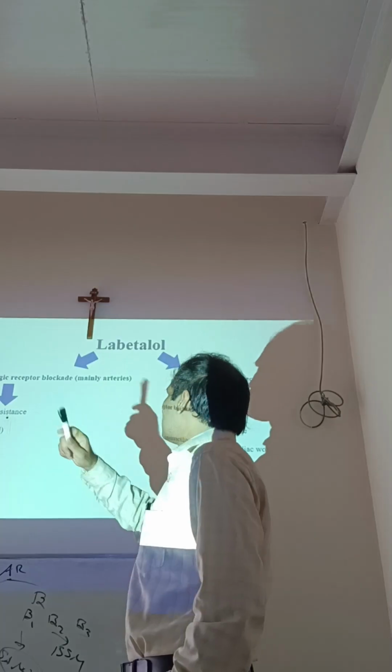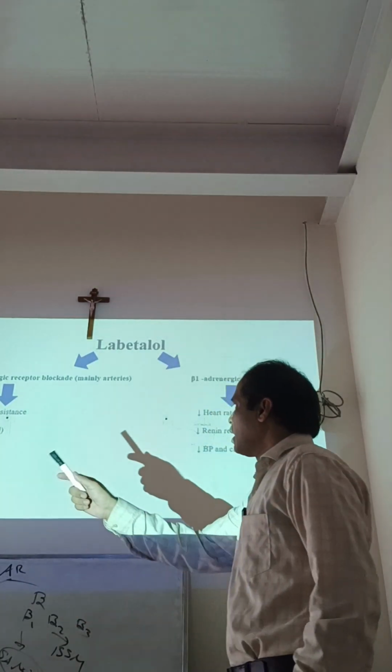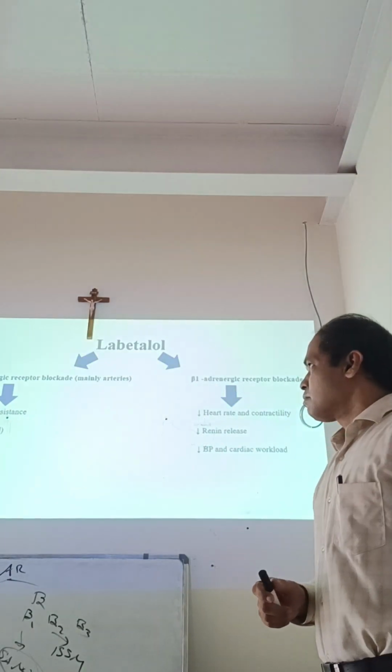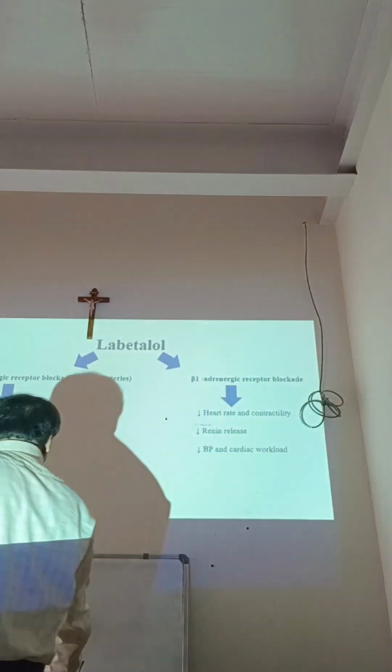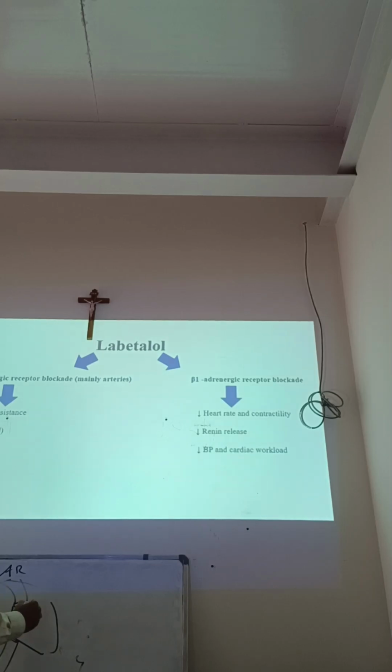By blocking the alpha receptor, mainly in the arteries, it reduces peripheral resistance and decreases BP. Do you know what preload and afterload are? No idea. So this is the heart, this is the vein, inferior vena cava, superior vena cava, and this is the aorta, isn't it?